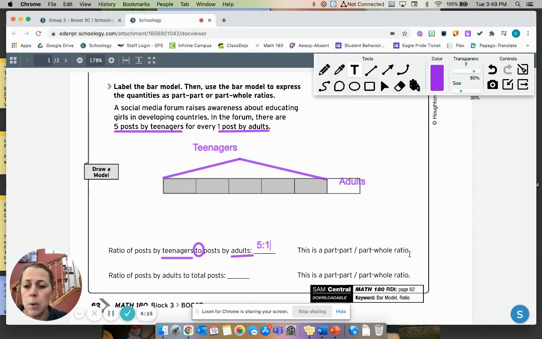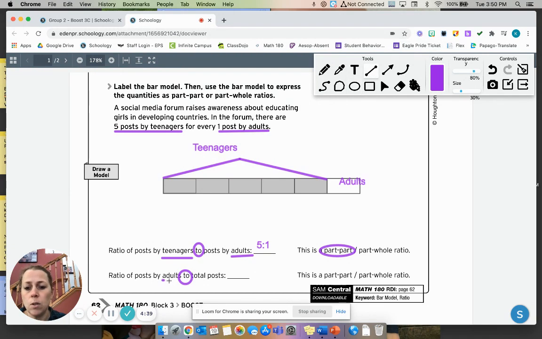Is this a part to part or a part to whole? This is a part to part because we are not talking about the whole group. We are talking about the part of the picture that deals with teenagers and the part that deals with adults.